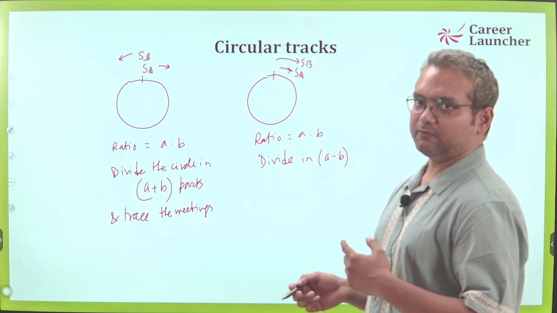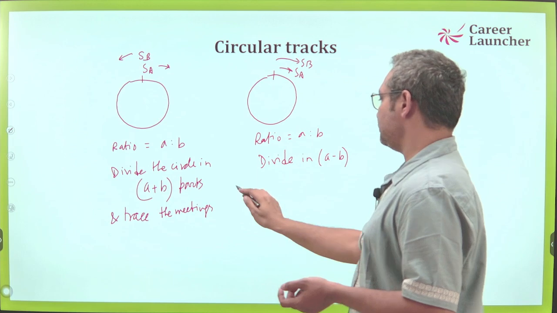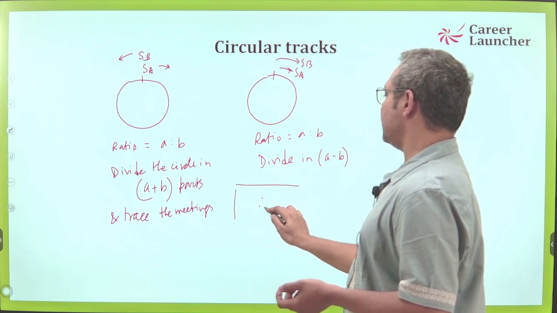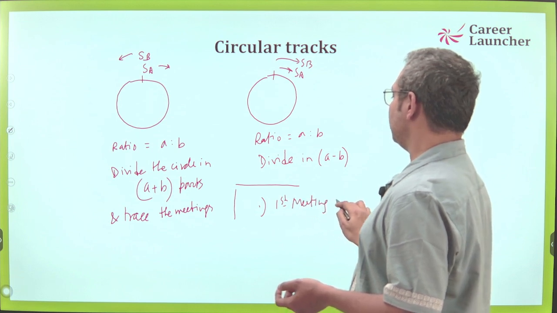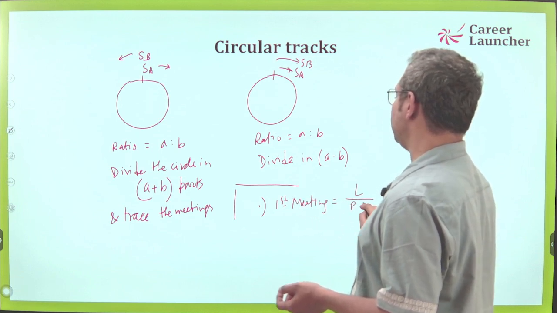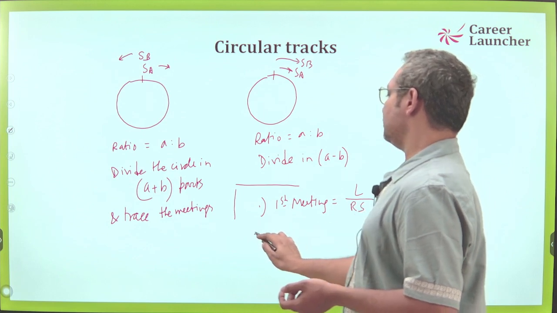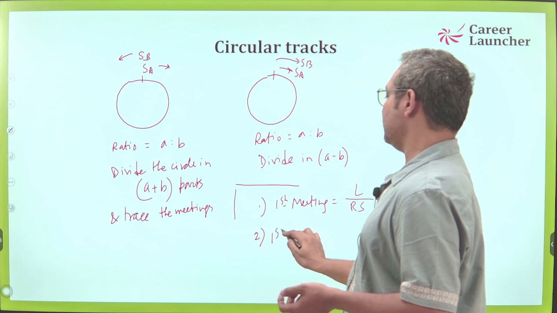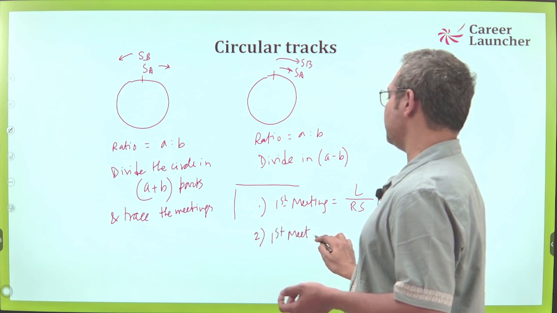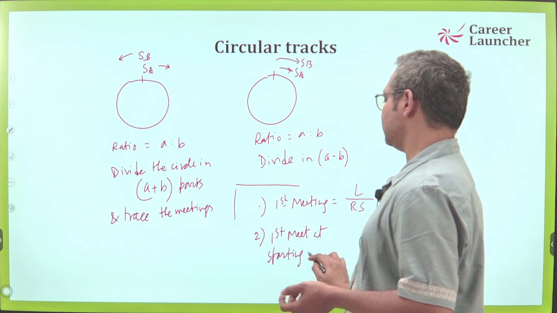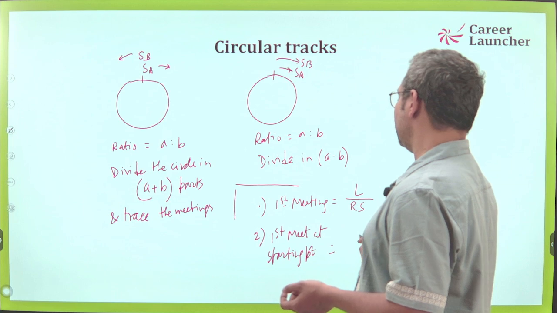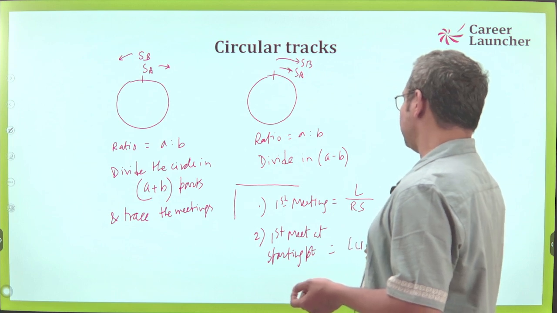If you are looking from a formula perspective, number 1, first meeting will be the length of track by the relative speed, and number 2, meeting first time at the starting point, that would be the LCM of their individual times.